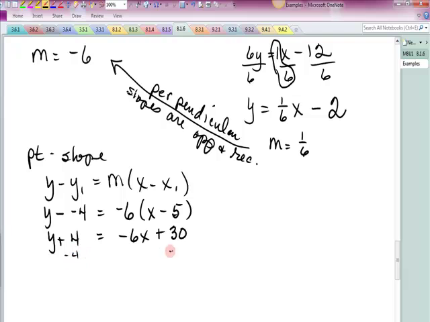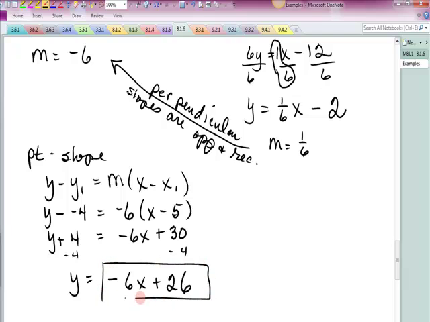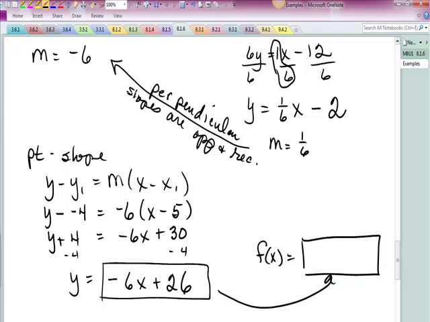Subtract 4 from both sides, and y is equal to negative 6x plus 26. And since it is in function notation, it's going to say f of x is equal. You're going to fill in the box with that right side of your equation.